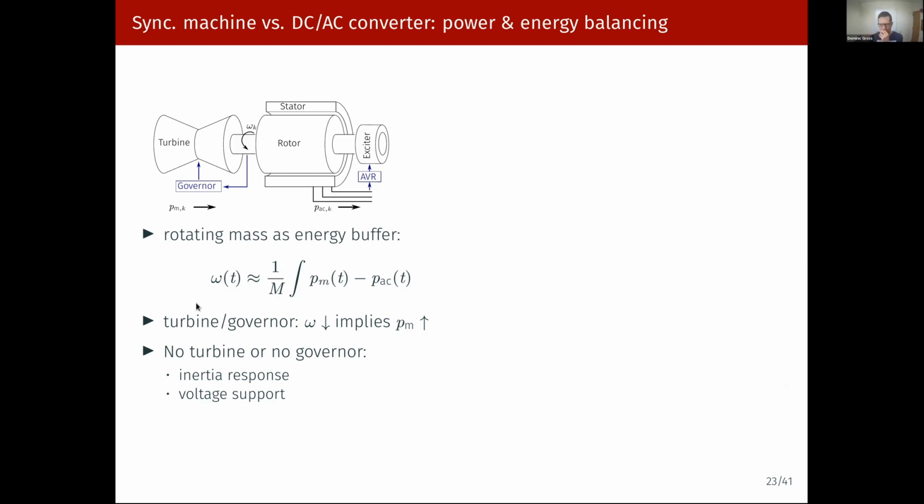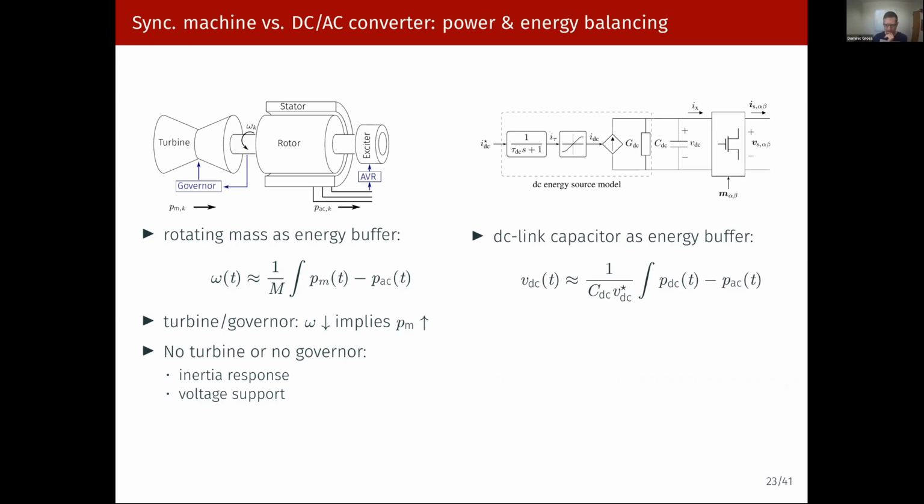So we can actually do the same with the power converter. Here in the power converter, the energy stored in the converter itself is the analog to the frequency. In a two-level converter, that would be the voltage of the DC link capacitor. Any power that gets injected into the grid comes out of this DC link capacitor, and then the source is putting more power in. So long story short, the integral of the power mismatch here is the DC voltage.